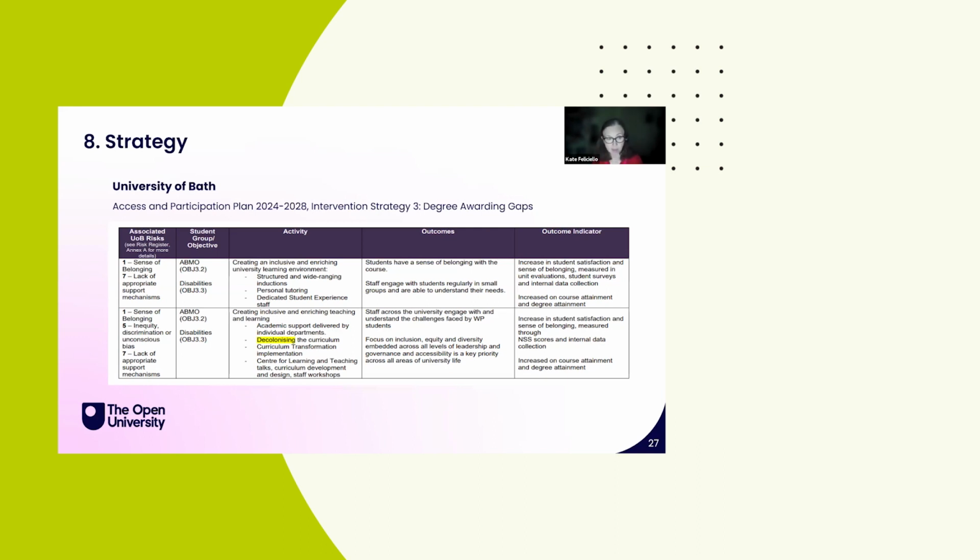gap. This full report is 83 pages, and I'm not going to go through it, but there are other activities there to support students from ethnic minority groups and students with declared disabilities. So, for example, they are working in partnership with their student bodies on implementing an inclusive curriculum.